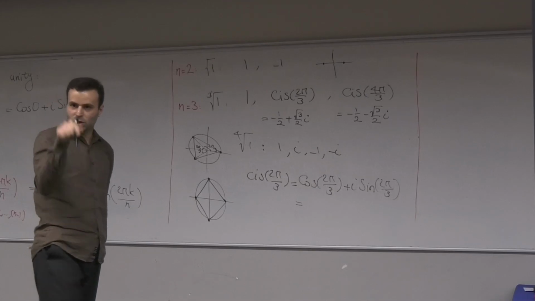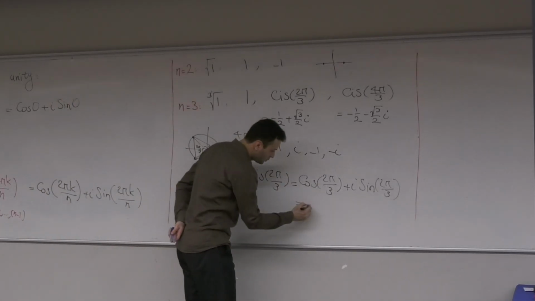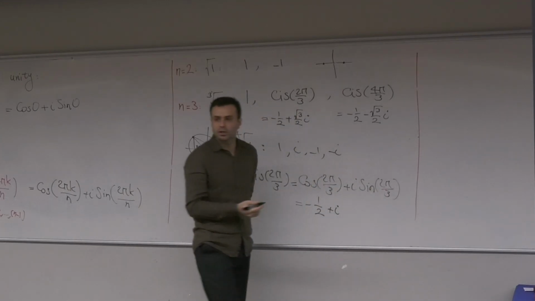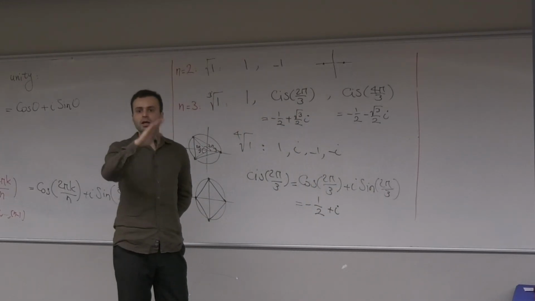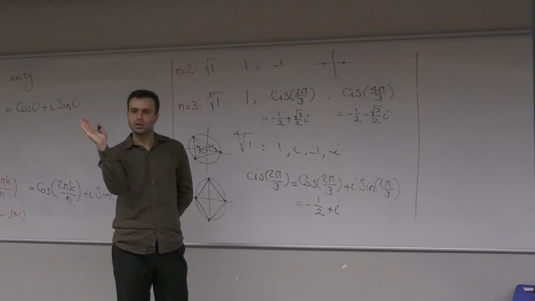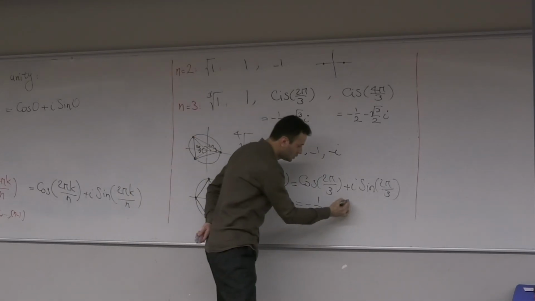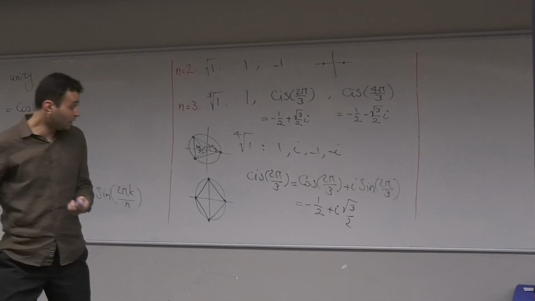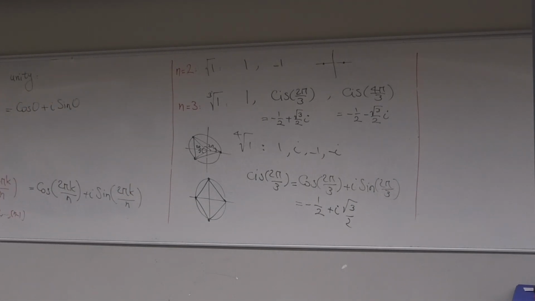Which is going to be minus 1 over 2. Plus i times, what is sine of 2 pi divided by 3? Again, sine of 120 degrees, which is going to be square root of 3 divided by 2. Just calculating these trigonometric values for cosine and sine. Okay? Is it clear?